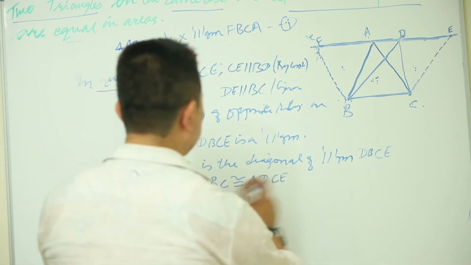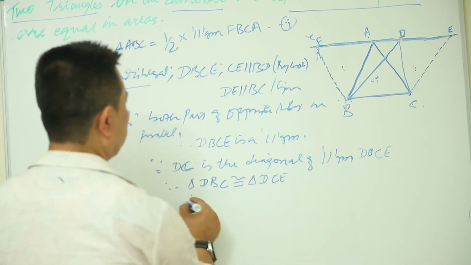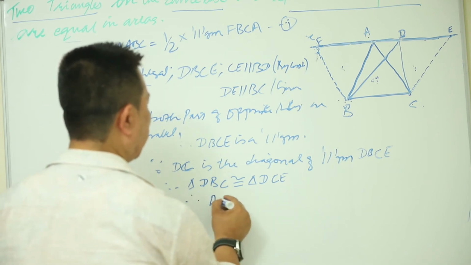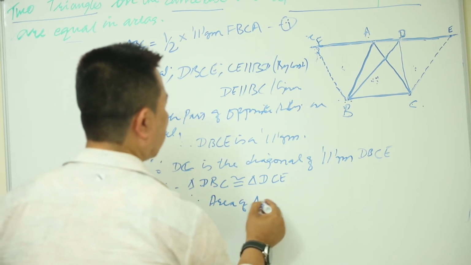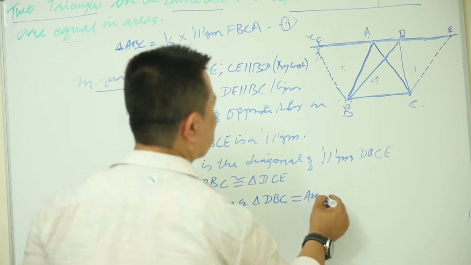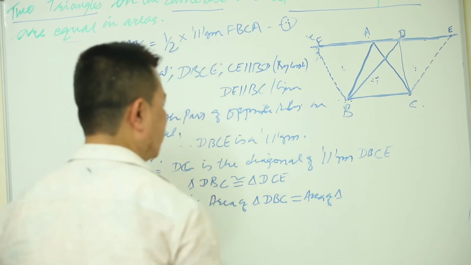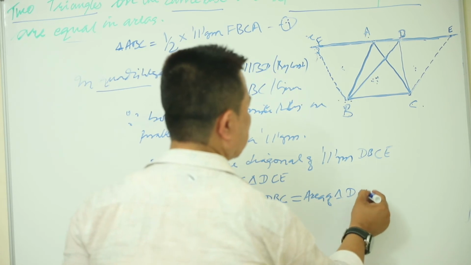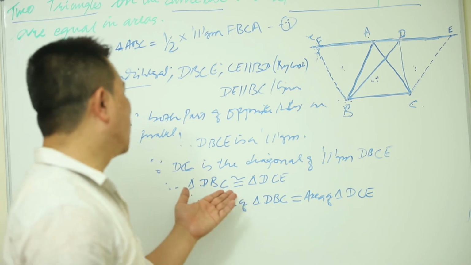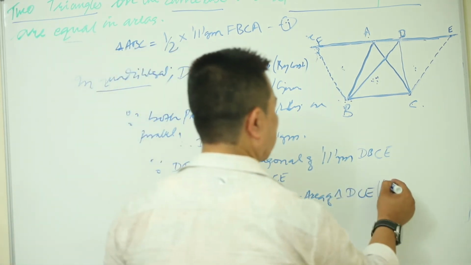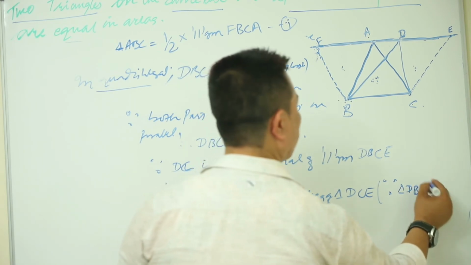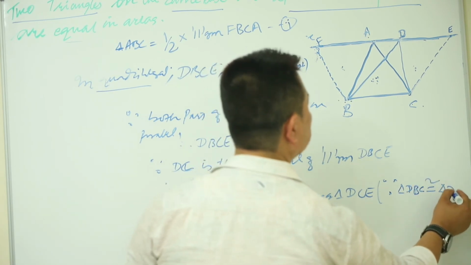Now if these two triangles are congruent, then their areas are equal. Therefore, area of triangle DBC is equal to area of triangle DCE. The reason is that triangle DBC is congruent to triangle DCE.